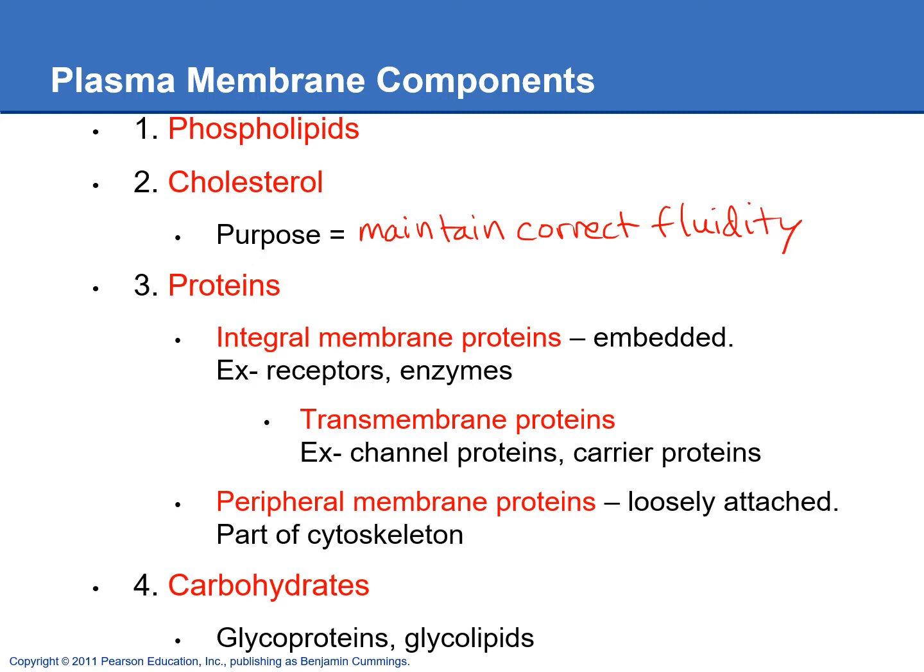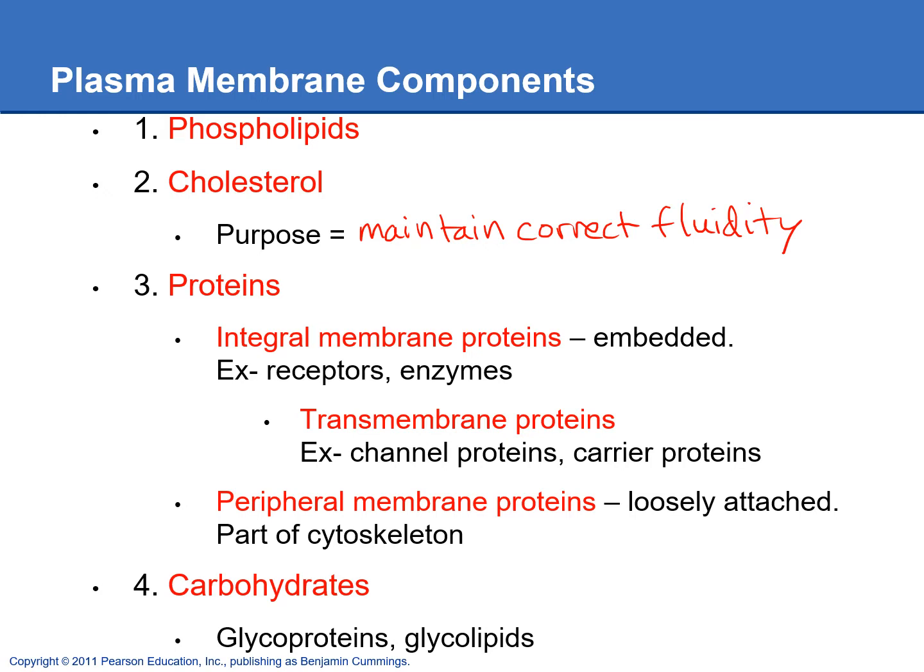And then we've got proteins in the membrane. The ones that are embedded in the membrane are called integral membrane proteins. And if they go all the way through the membrane and they're poking out on both sides, then the integral membrane proteins, we can also call them transmembrane proteins, because trans means across, meaning they go all the way across the membrane.